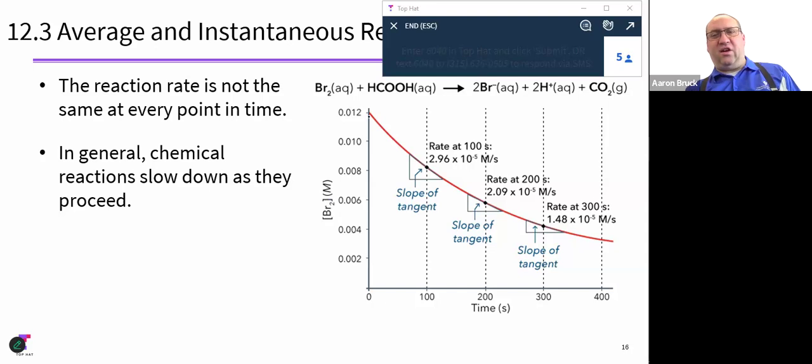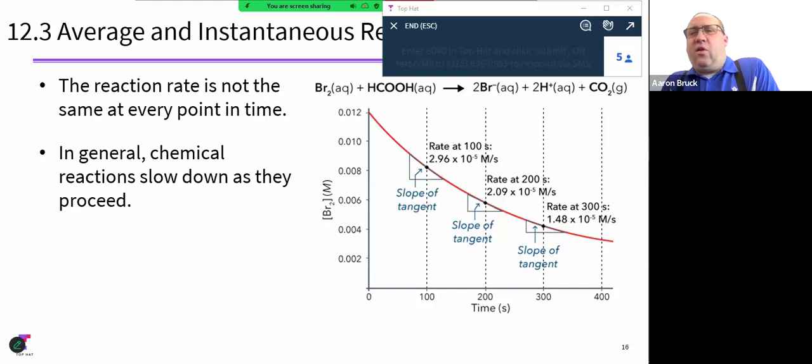The reaction is faster here than it was as we go down. And so if I'm looking at average rates, they can be a little bit confusing because we have to answer the question, well, when are we talking about? Over what time period?